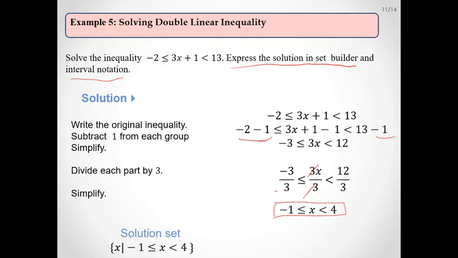The set of the x values such that x is bigger than or equal to -1 and less than 4. And in interval notation, it's -1 in bracket and 4 in parenthesis. You see the equality sign, and this one here open.